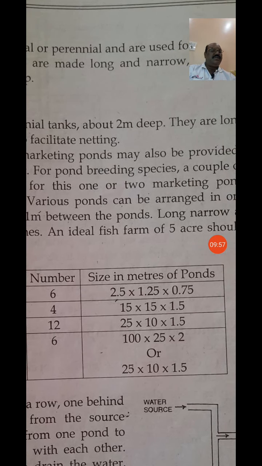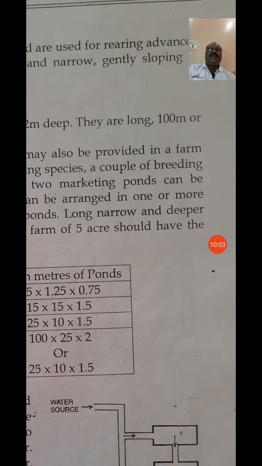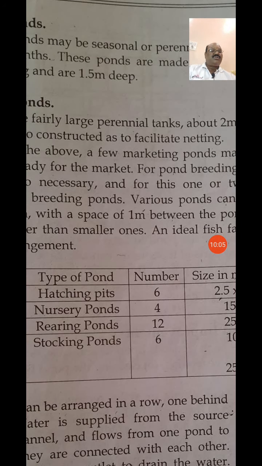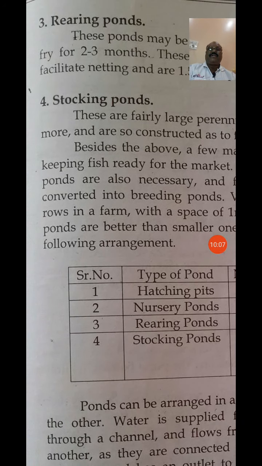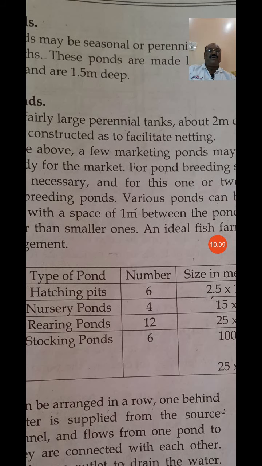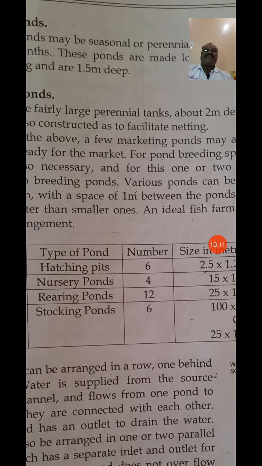So, their depth is greater than the other ponds, and they are 100 meter or more long and are constructed to facilitate netting for harvesting the fish. Besides the above, a few marketing ponds may also be provided in the farm, keeping the fish ready for the market.